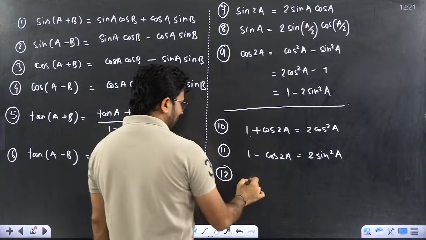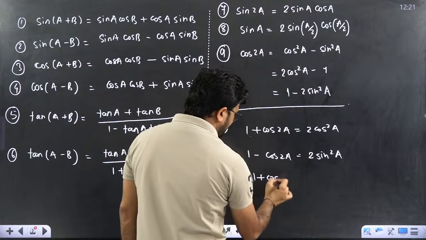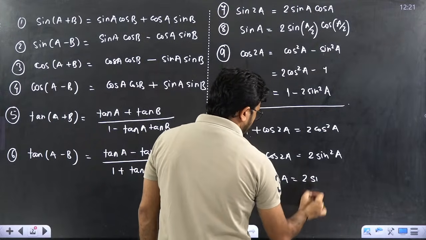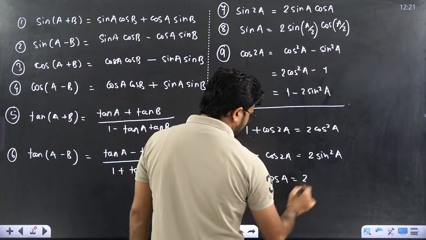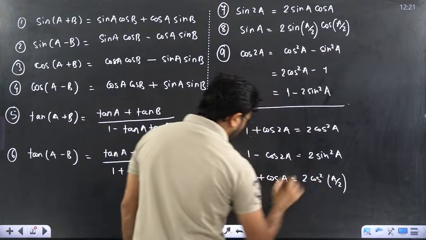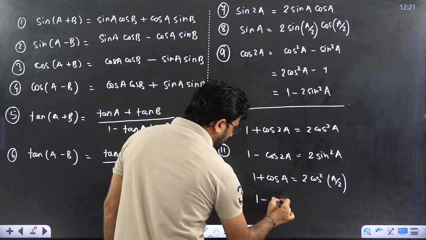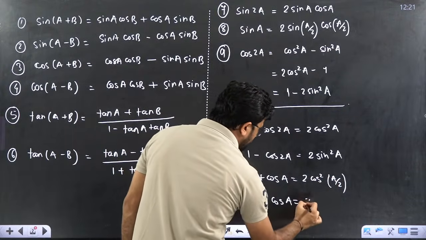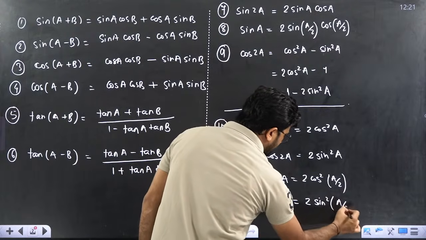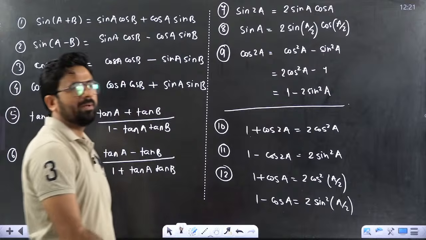That means 1 plus cos A is nothing else but 2 times cos square A by 2, or 1 minus cos A is equal to 2 times sin square A by 2. These are simple formulas, you have to remember them.